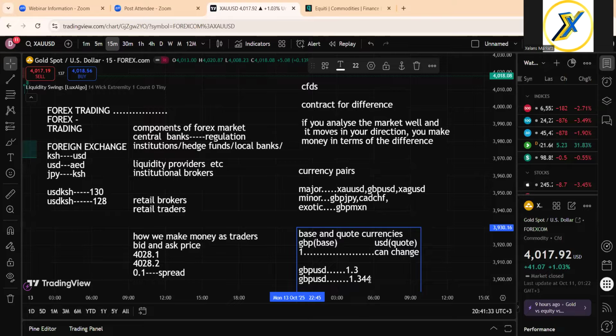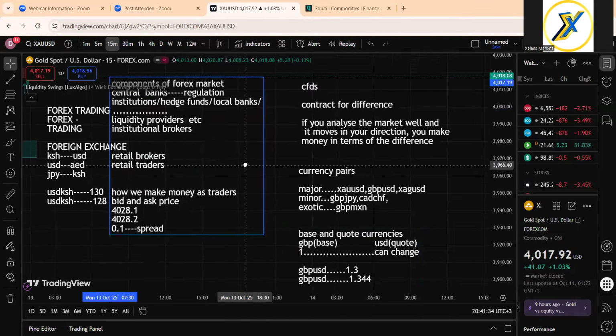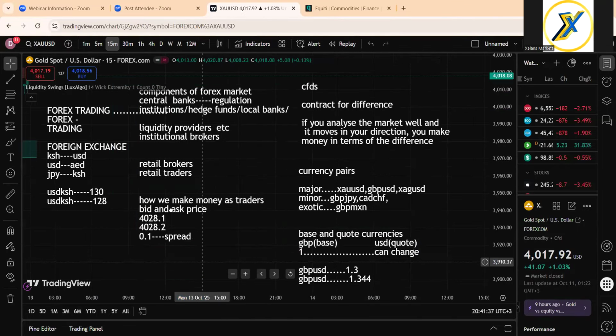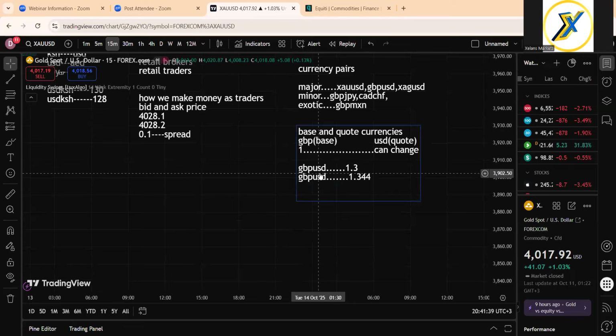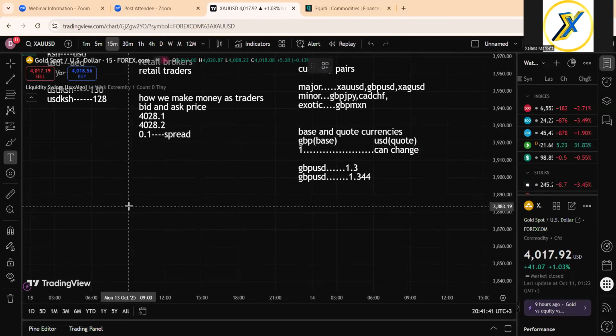So let's go back to something that many of you could probably relate to. Let's look at USD KSH. Of course, this is not a currency pair that you're probably going to find at the MT5, but I'm just using it as an example so that you guys are able to understand.